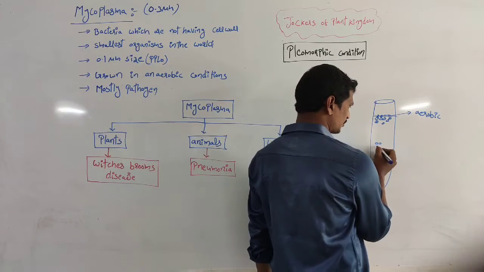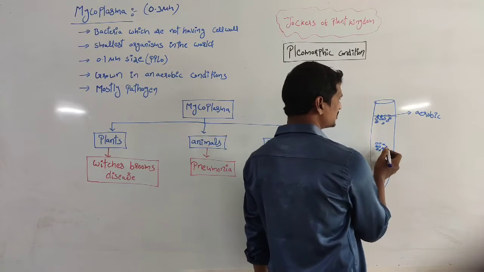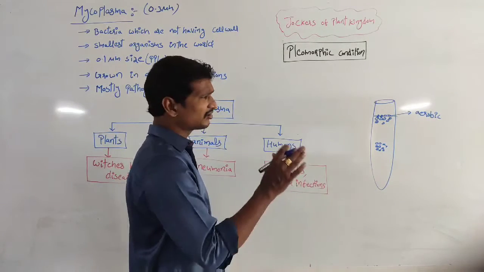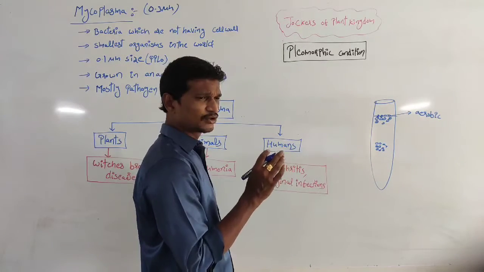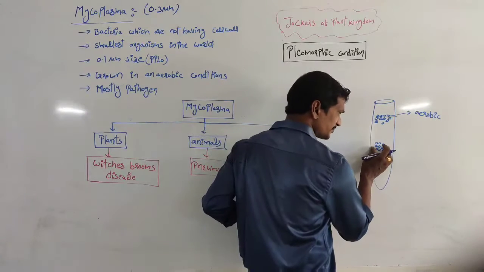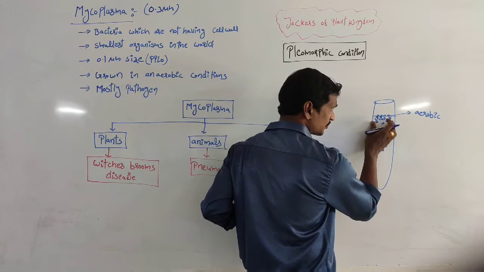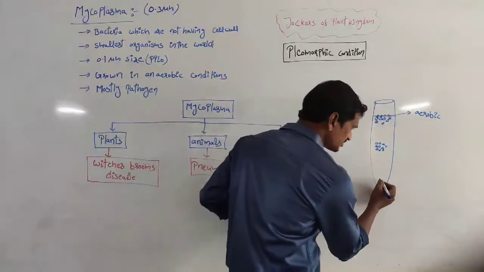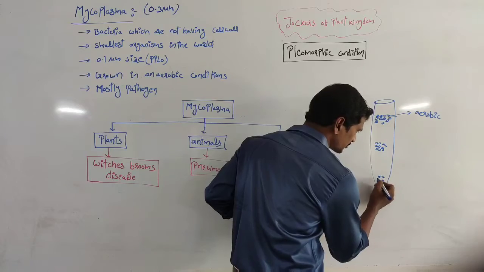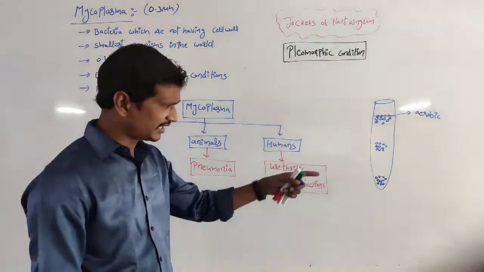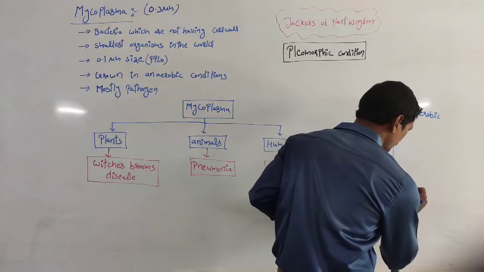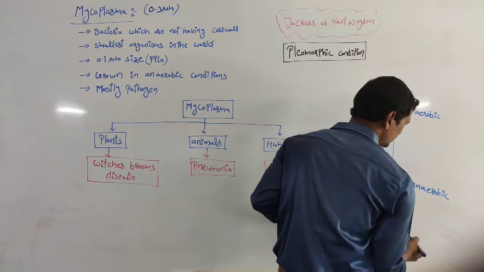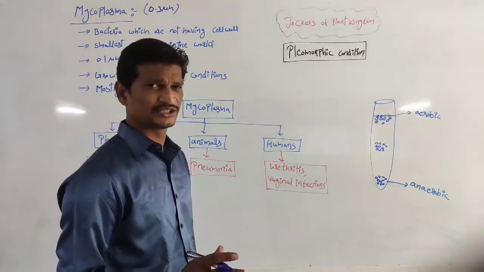Some bacteria grow lower down and can move up and down, so these are not compulsory anaerobes, because sometimes they grow in the absence of oxygen and sometimes at the surface. Some bacteria always grow at the bottom of the test tube; these are compulsory anaerobes, grown only in anaerobic condition.